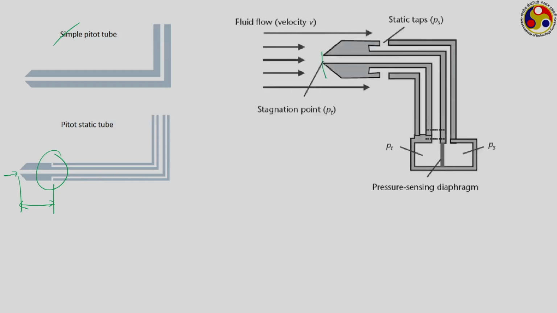This is the one that gives you the stagnation pressure, and the fluid entering through the circumferential holes in the annulus gives you the measure of the static pressure. The difference between these two can be measured using a manometer or any other pressure measuring device to give you an idea about the fluid velocity.